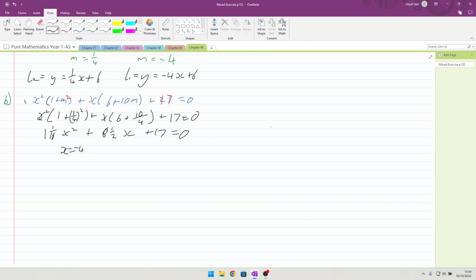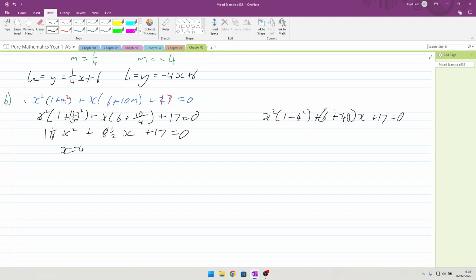We can then do the same for -4, so x squared plus (1 minus 4) squared plus 6 plus 10 times 4, 40, minus 40x plus 17 equals 0.